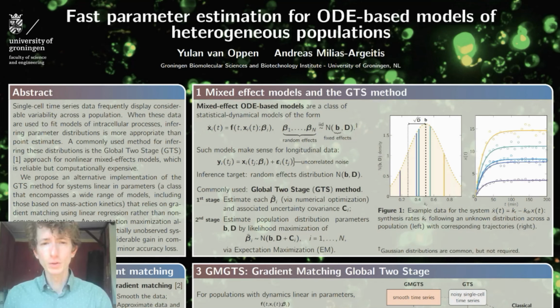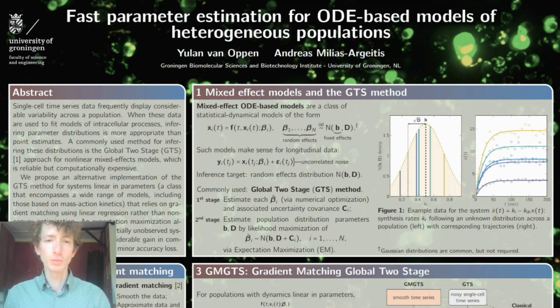The models of interest are nonlinear mixed effects models, and here we focus on those that are ODE-based. These models assume each cell is governed by a differential equation of the same form f, but with a different parameter vector beta i. These parameter vectors are referred to as random effects and are assumed to be distributed with mean B and covariance matrix D. The mean B is called the vector of fixed effects.